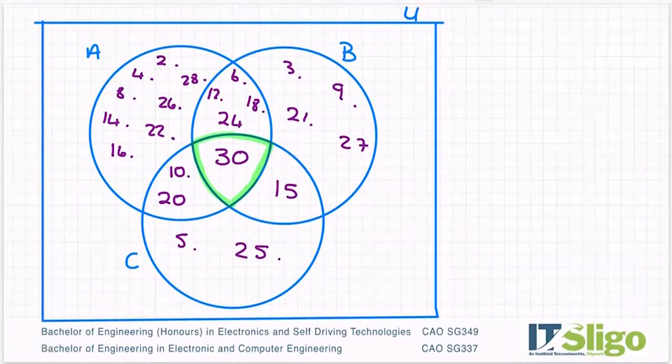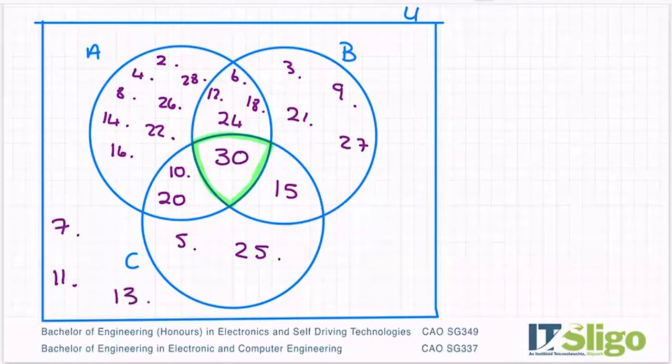So I'm going to check my numbers. 2, 3, 4, 5, 6. 7 doesn't belong to multiples of 2, 3, or 5. So that's 7. 8, 9, 10, 11 is another one that doesn't belong. 12, 13 doesn't belong.